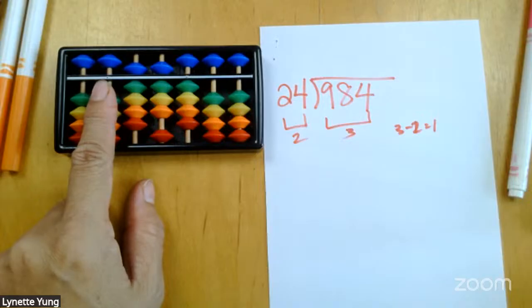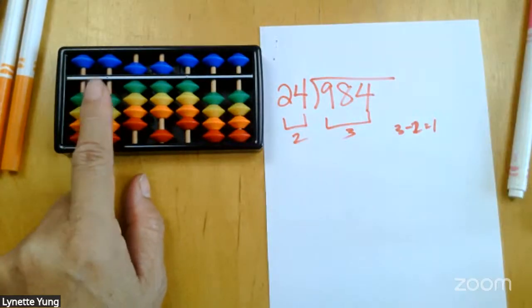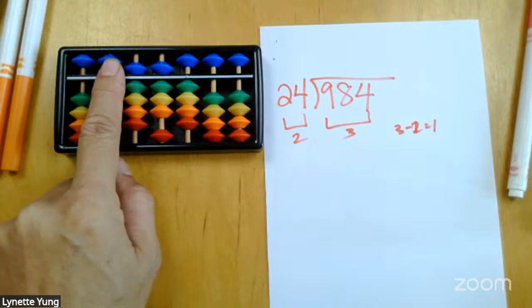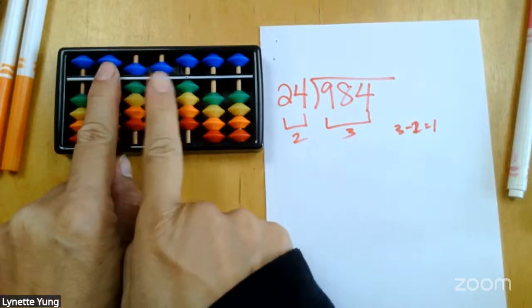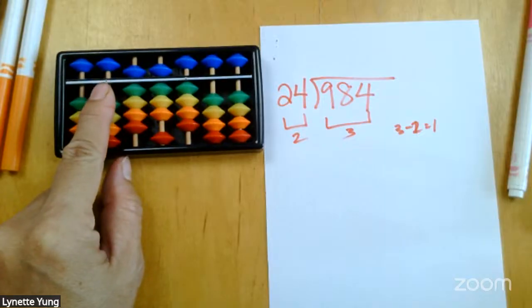I put the 9 over where that dot is. That's why I put my finger here to say this is where my answer is. Okay, so 9, 8, 4.